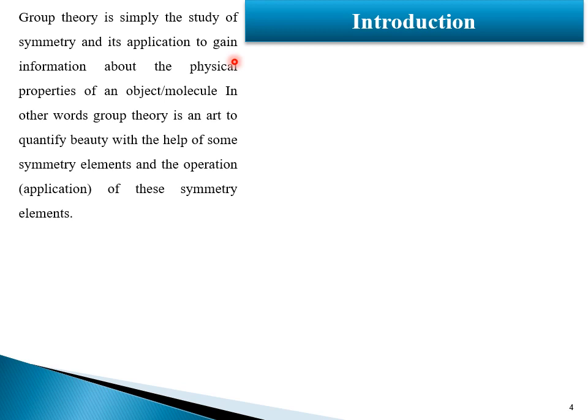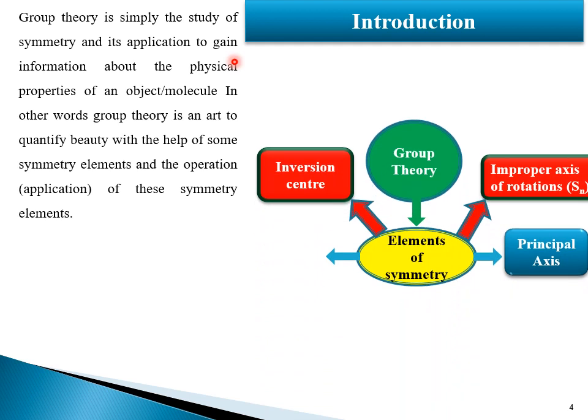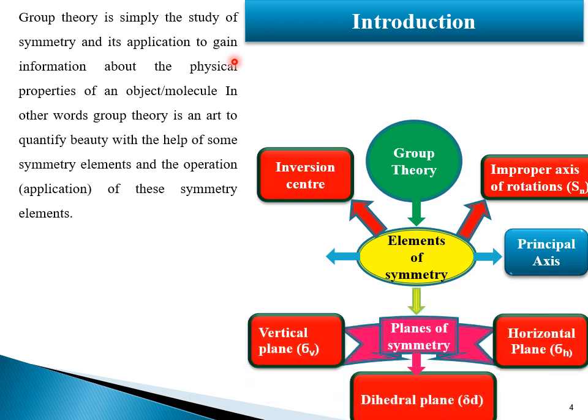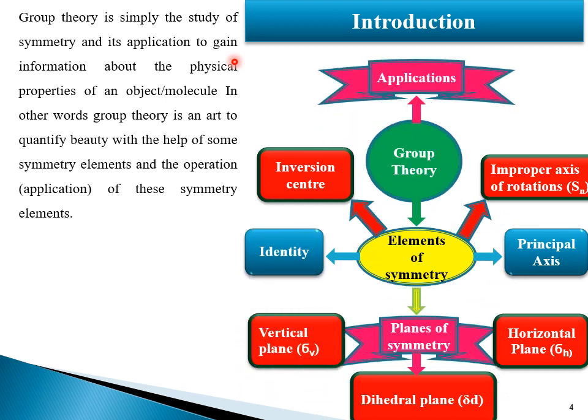Group means a collection of elements, and here by element we mean inversion center, improper axis of rotation, principal axis, plane of symmetry, identity. And for plane of symmetry we will be dealing with vertical plane, horizontal plane, and dihedral plane.